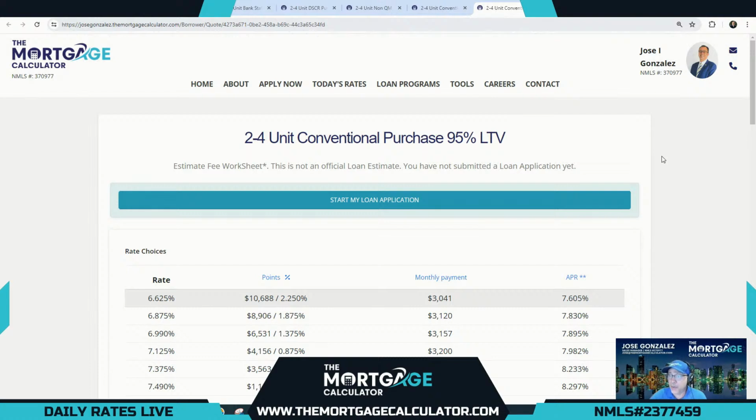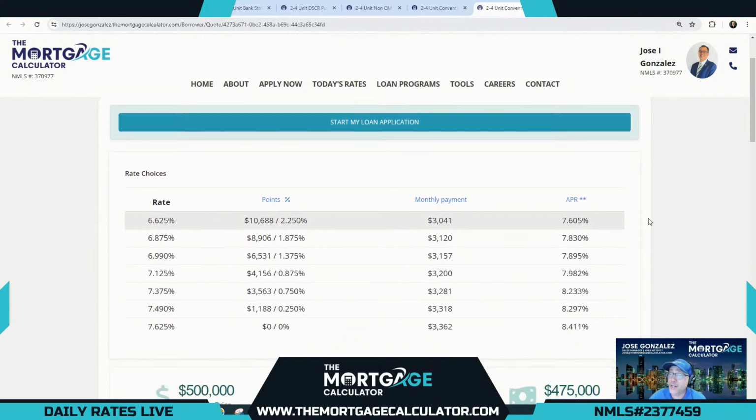Next example here is our conventional purchase, 95% LTV. Now, you all know recently Fannie and Freddie added this option to their non-affordable loan option, right? So now you can purchase up to a 4-unit property primary like this, up to a 95% LTV.